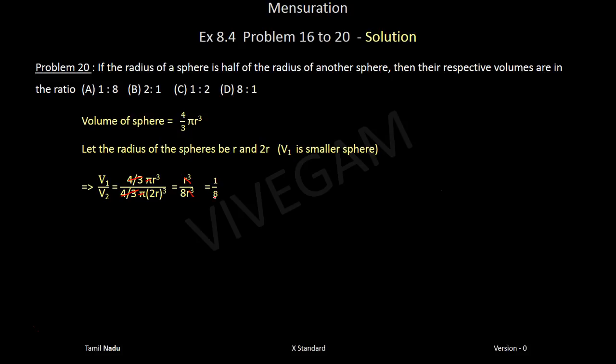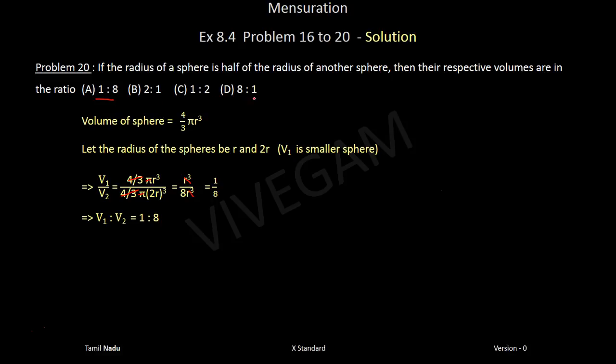You will be left with 1 by 8. Therefore, V1 is to V2 is 1 is to 8. Okay, so the key is assuming the radius of the first sphere to be r and the second sphere to be 2r, using those values in this formula and simplifying to get the final ratio. So which option is this? 1:8. That is option A.